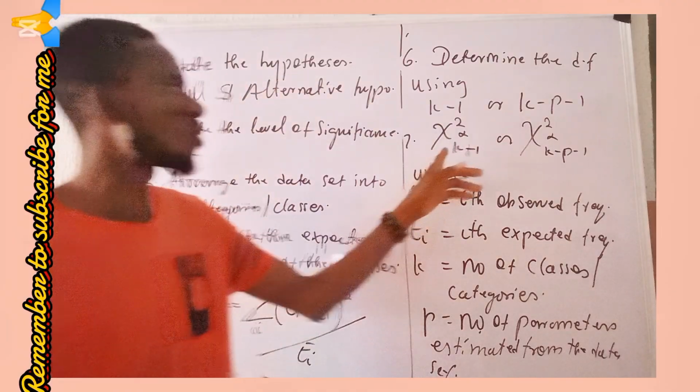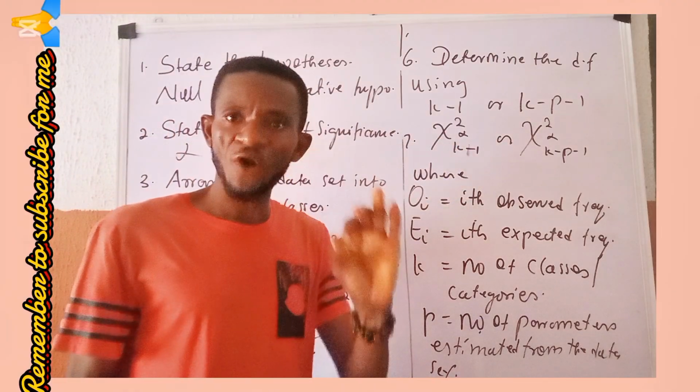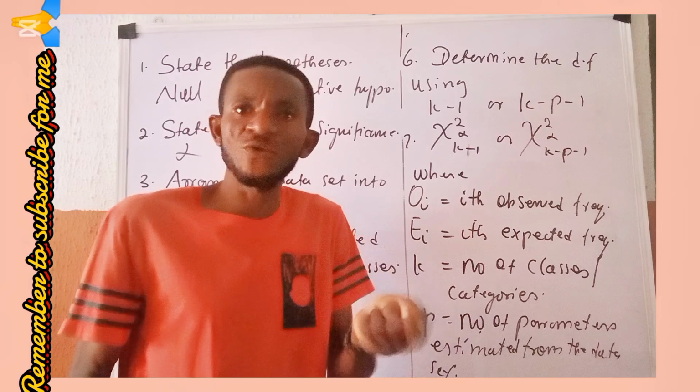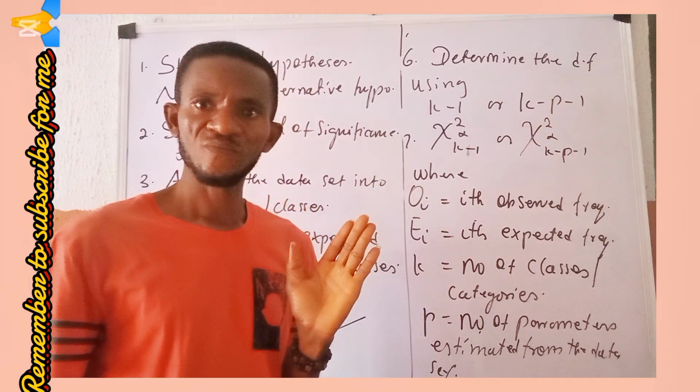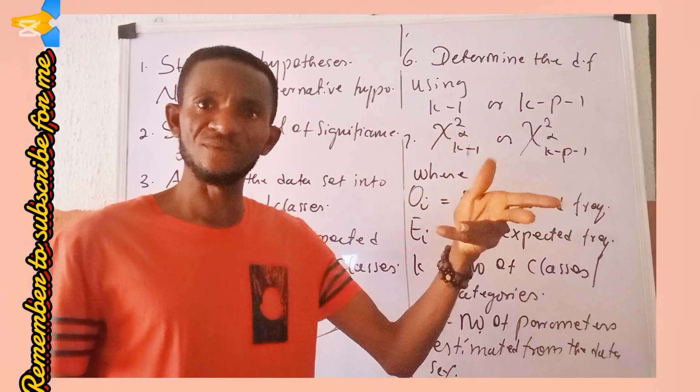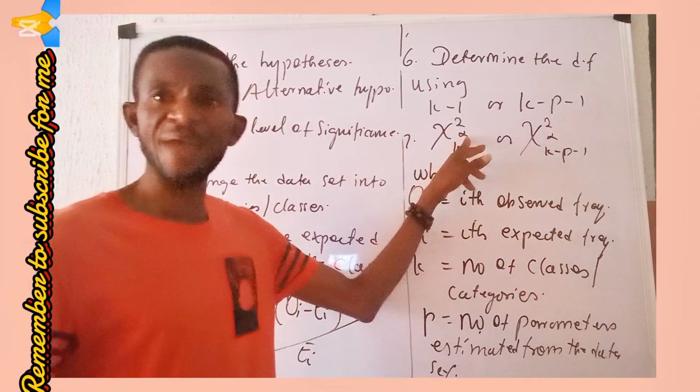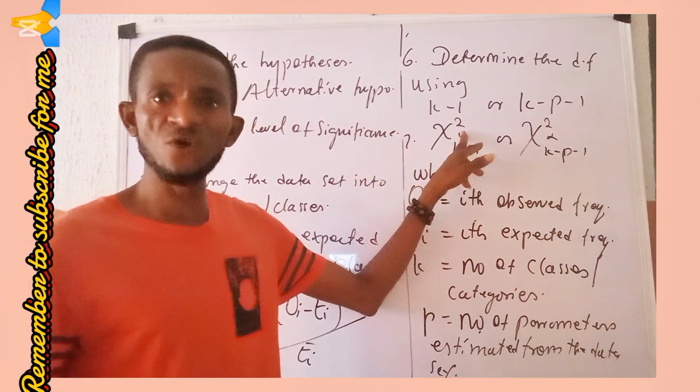Use this formula to obtain the critical value from what we call the tabulated value of chi-square distribution. That is from the chi-square table, where this alpha might be 0.05 or 0.01.